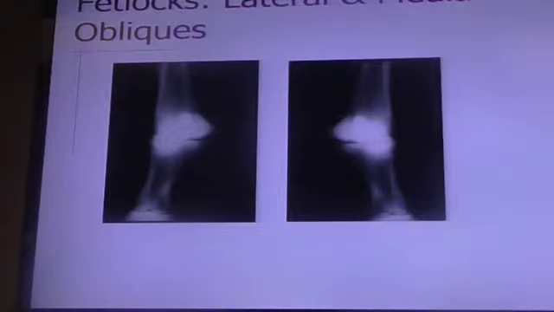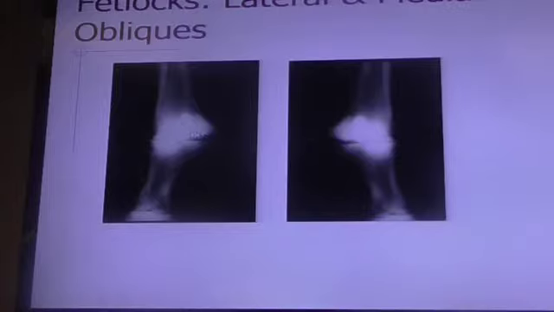Okay, so this is a medial oblique, the one I just pointed to. I'd like to see how you differentiate it. Okay, see where my pointer is? So this is a medial oblique.